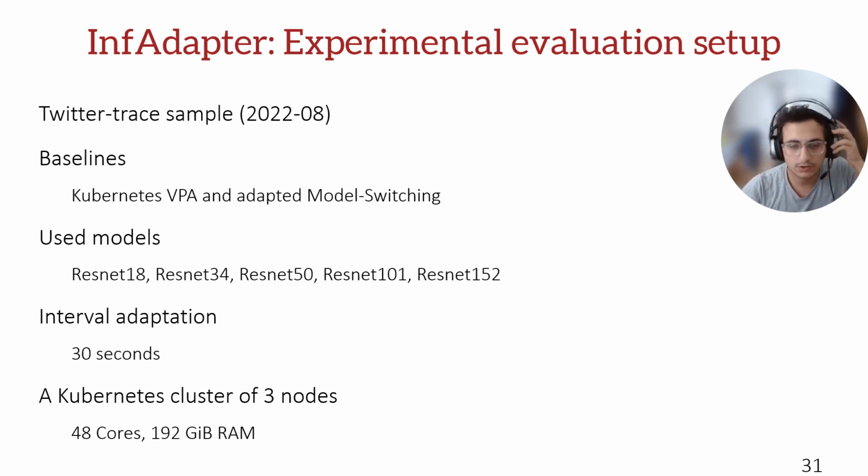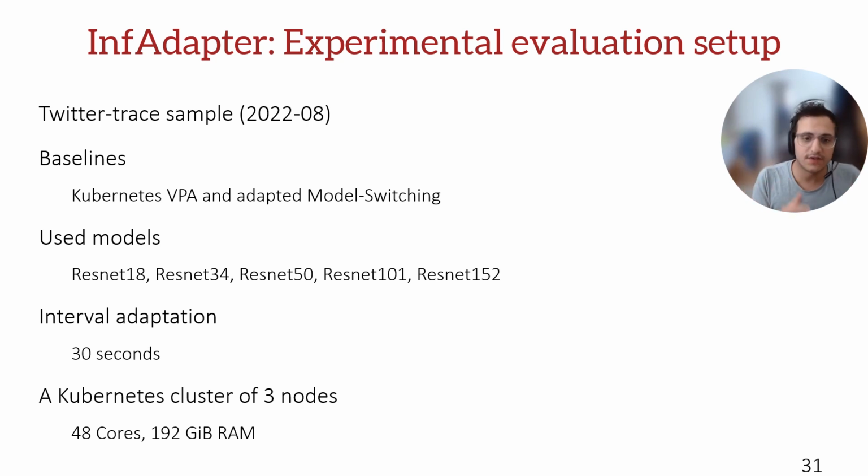Let's get straight into the experimental methodology of InfAdapter. We use a Twitter trace for our raw data. We use Kubernetes VPA and an adapted version of model switching. The difference between model switching and adapted model switching is that the adapted model switching is able to adjust the resource allocation, whereas the model switching, the traditional approach, just switches the models.